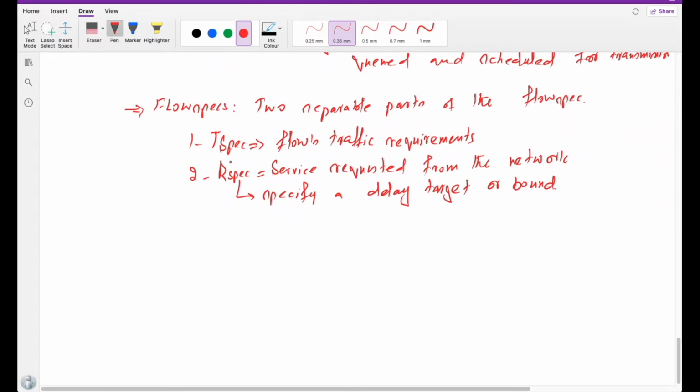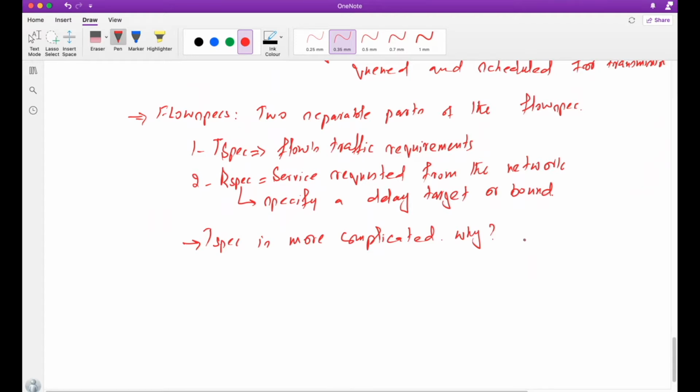So this TSpec is a little more complicated, right? Why? Because we need to know the bandwidth of our sources, and the bandwidth of our sources varies with time.